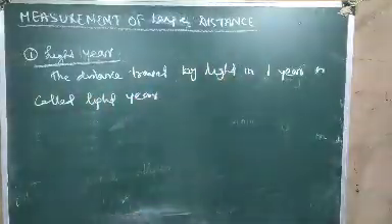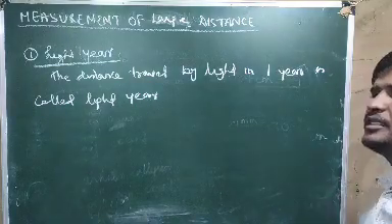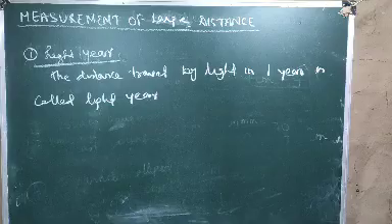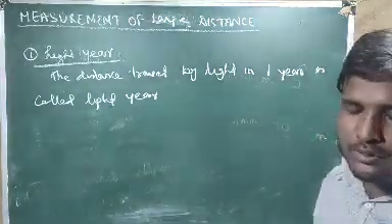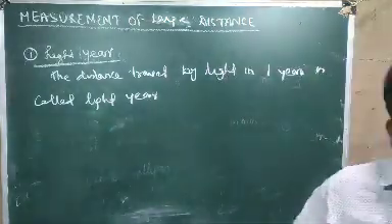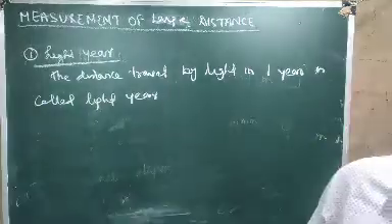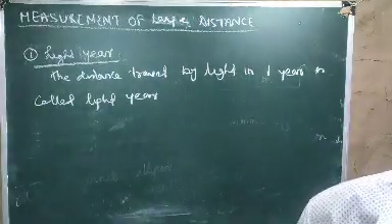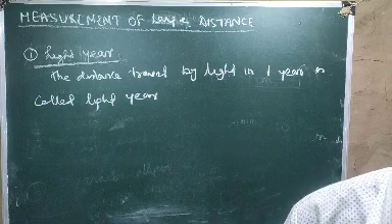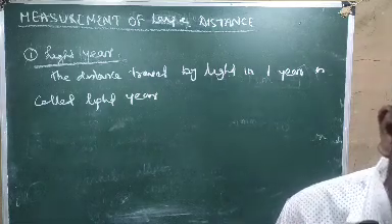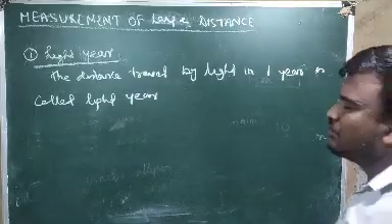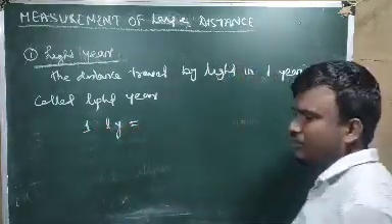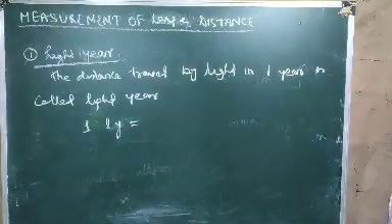Now, what is the speed of light? The speed of light is 3 lakh kilometer per second. So in 1 second, the distance is 3 lakh kilometer.